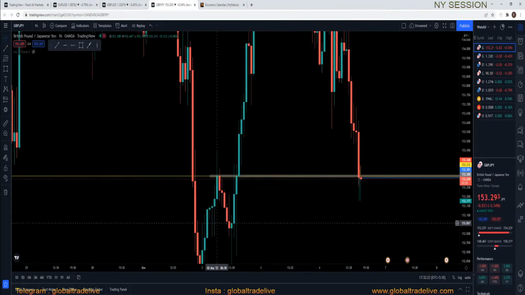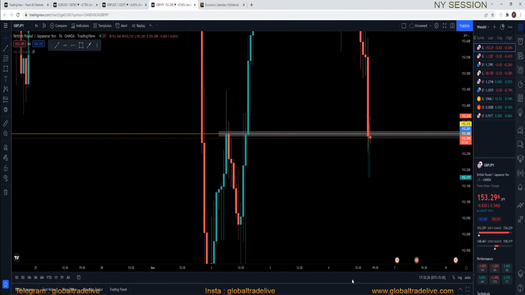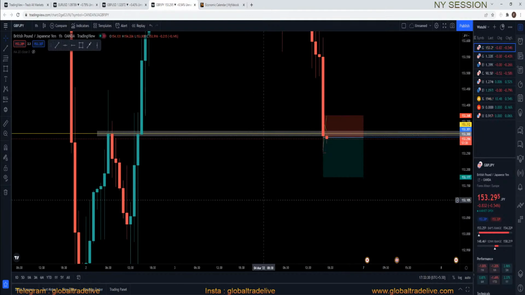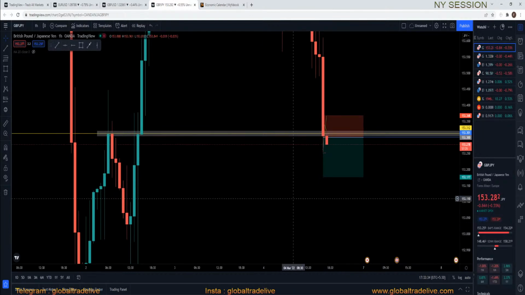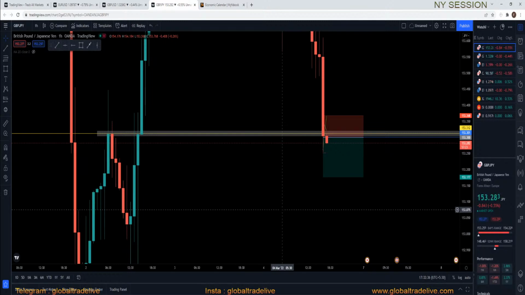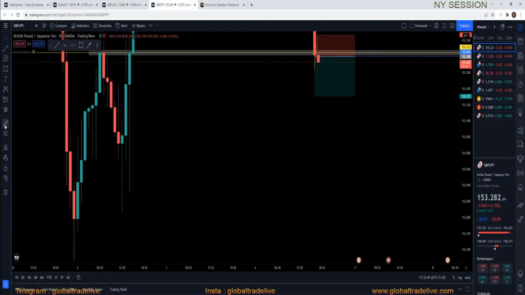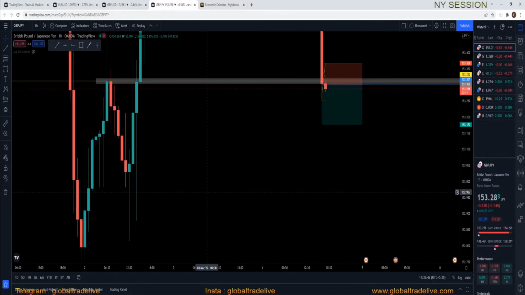But if we look at the 1 hour, then the 1 hour really looks nice. Yeah, I think if this 1 hour candle breaks this low, it will be coming down to fill these wicks, and finally we'll tap this area. 27, 28 pips down.